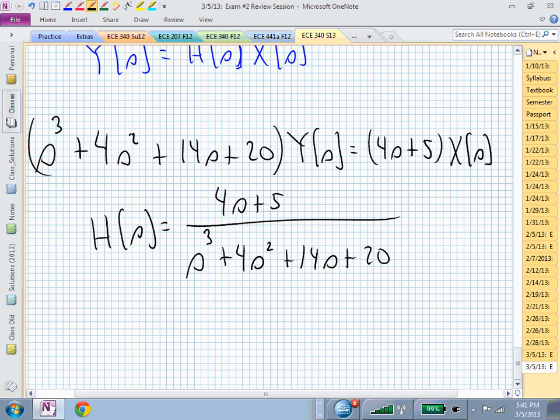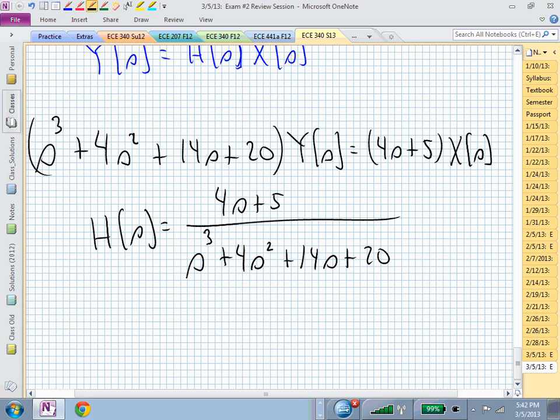And now if you're not going to factor it, you actually have to be told, is this system stable or not? You could factor it, and with most of your calculators, you can probably do that rather quickly and find that you do have all of your poles in the left half plane. Or you might be told the system is stable.